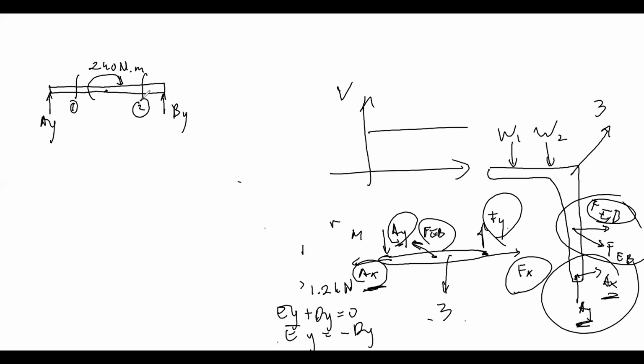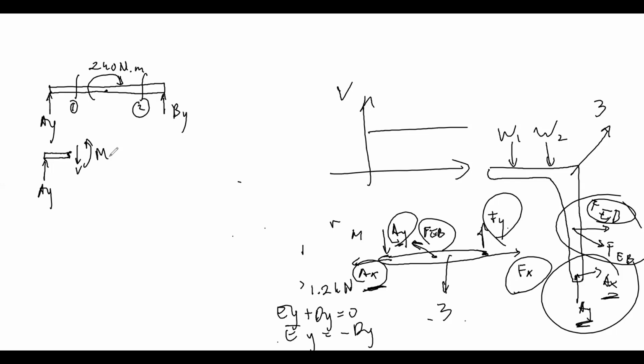For cutting number 1, if you want to draw the free body diagram, it will be roughly like this. Then there is AY there. Then you have to complete it with the shear force going down, the positive one, and moment going like that. Correct or not?